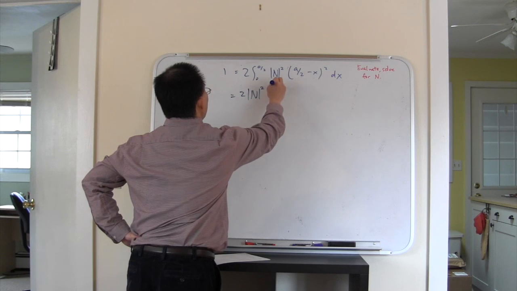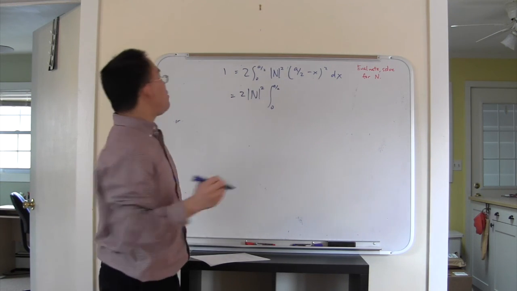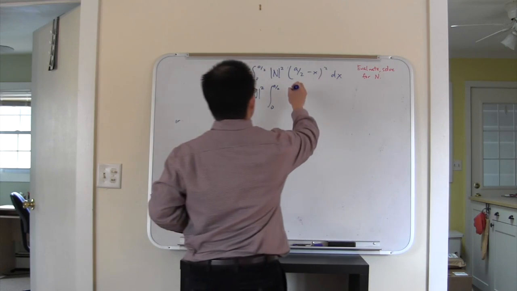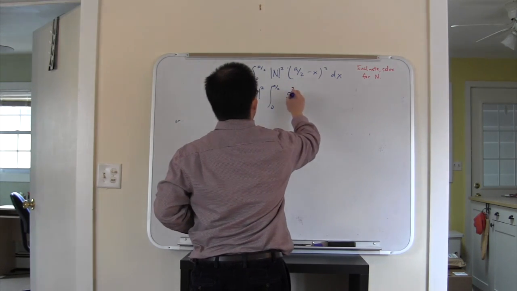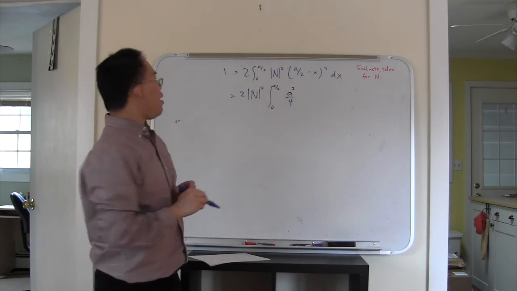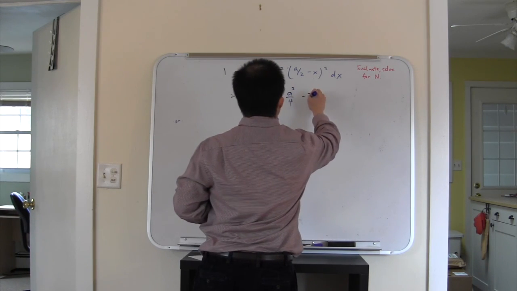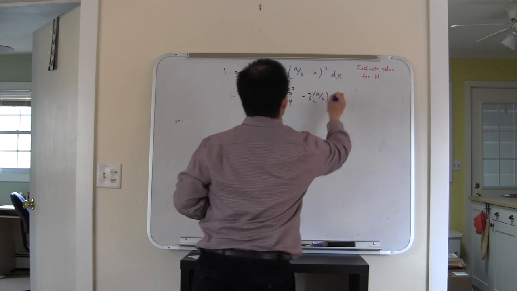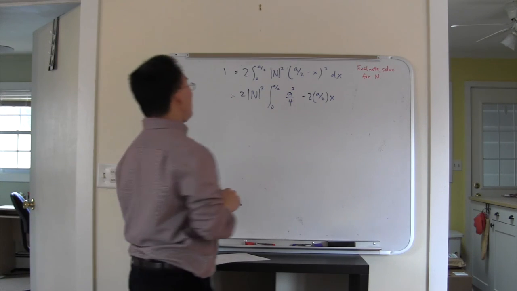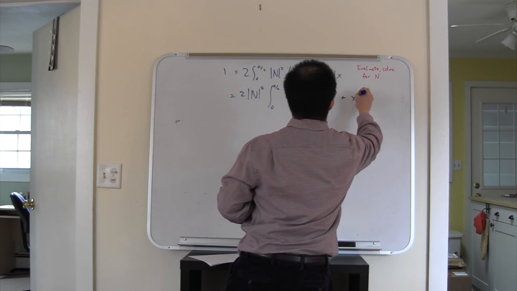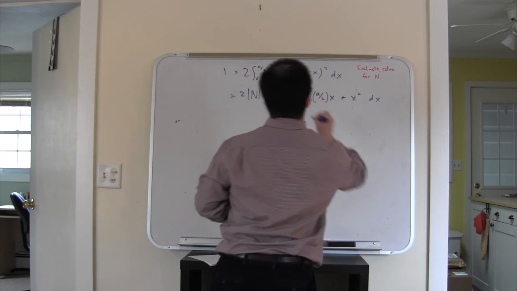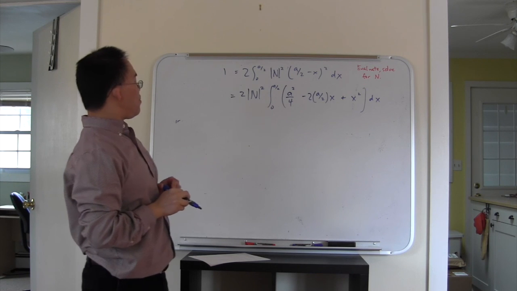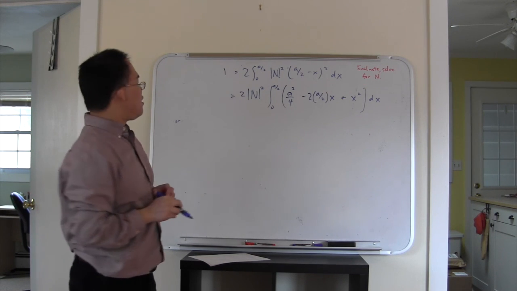And so we have the integral from 0 to a over 2 of, now just multiply this out, FOIL it, I have a squared over 4, we have two cross terms, so we have minus 2 times a over 2 times x, and then my last term is plus x squared, and all of this is being integrated with respect to x.